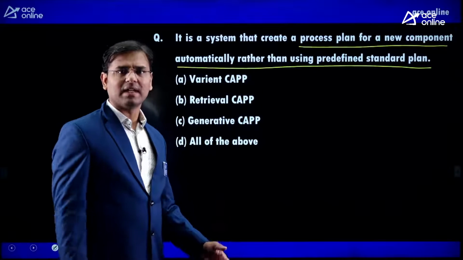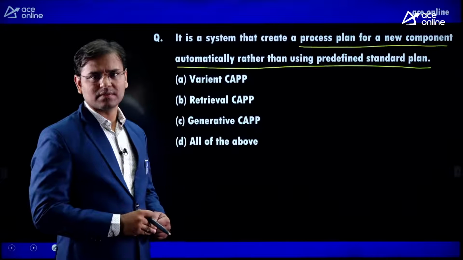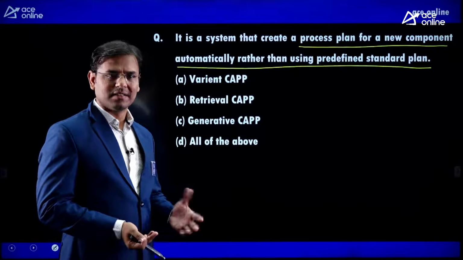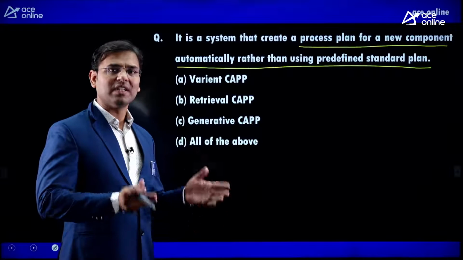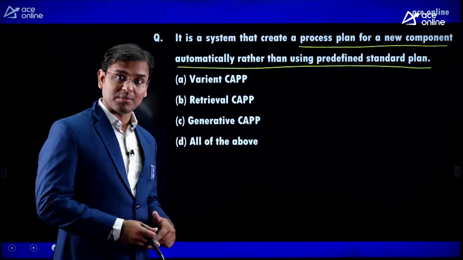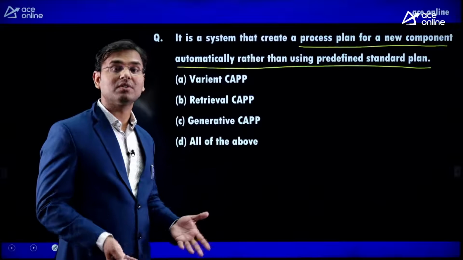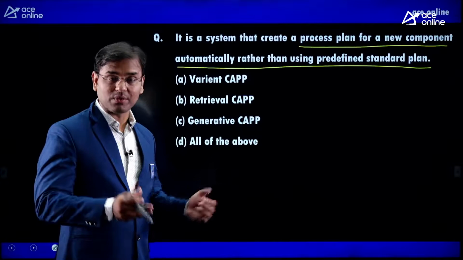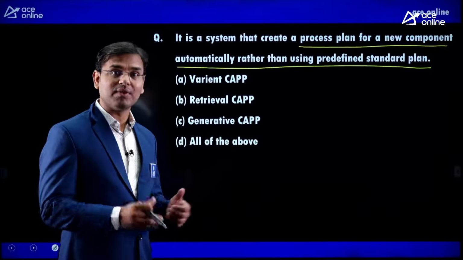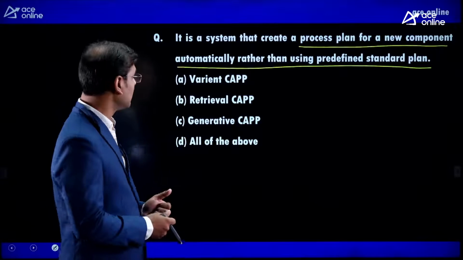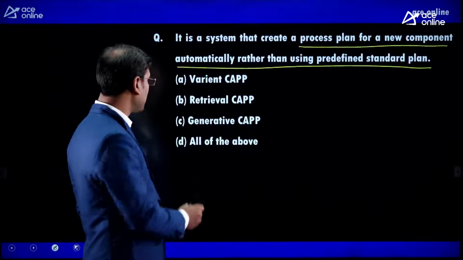Means one standard plan is saved in the computer, but here you just give the model to the machine, and by using that model, the computer will develop the program. Why write the G codes, M codes in the program? No need to write, only give the model. According to the model, the machine will work, and that is known as generative CAP.